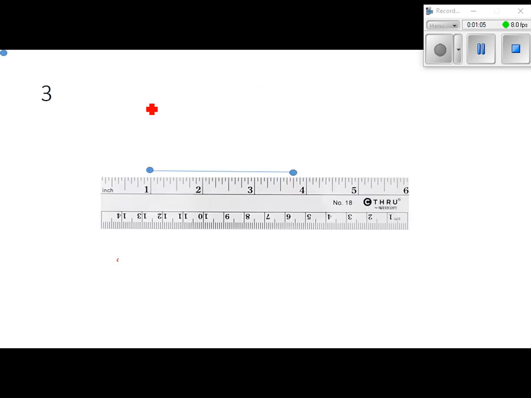Next one, they give us this segment. Things to remember, you're not starting at 0, you're starting here, so when you count, that's 1 inch, 2 inches, and so on. And also remember that there's 16 marks in here, so you're going to have your whole number, and then a fraction, and on the bottom of that fraction is going to be 16.